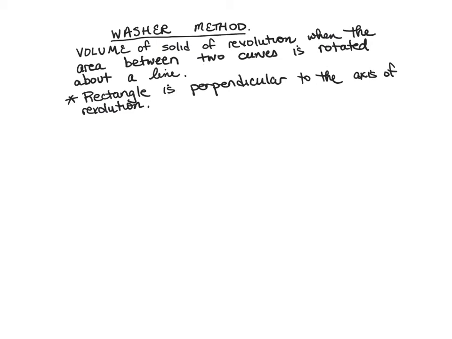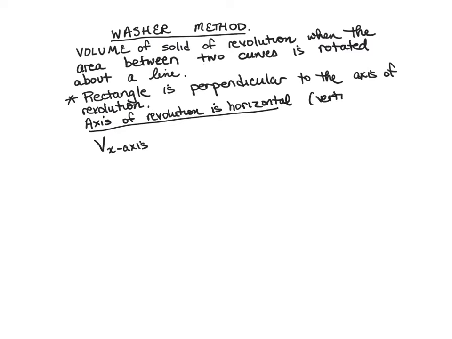So if the axis of revolution is horizontal, and the most common one is the x-axis, we use a vertical rectangle.